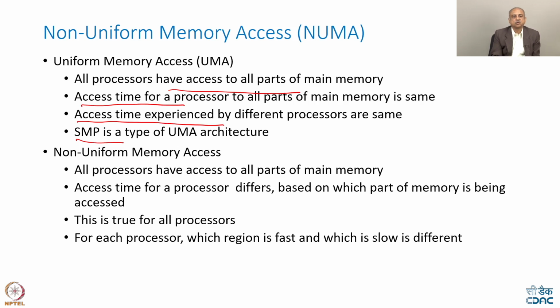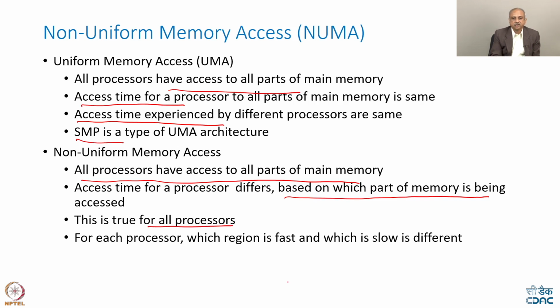Now, let us see how non-uniform memory access works. The first part is the same, all processors have access to all parts of main memory. However, the difference lies in that some portions of the memory may be accessed in a fast way and some portions of the memory may be accessed in a slow way, which is based on which part of the memory a particular processor is accessing, and this is true for all processors.